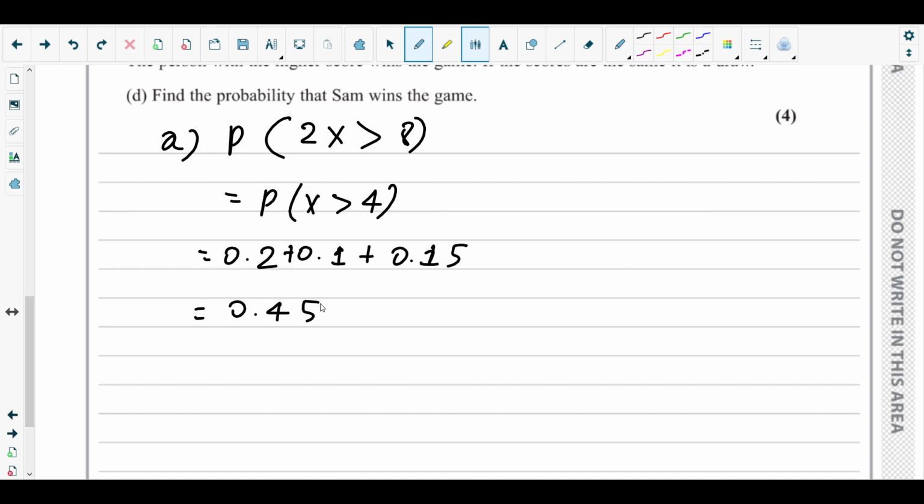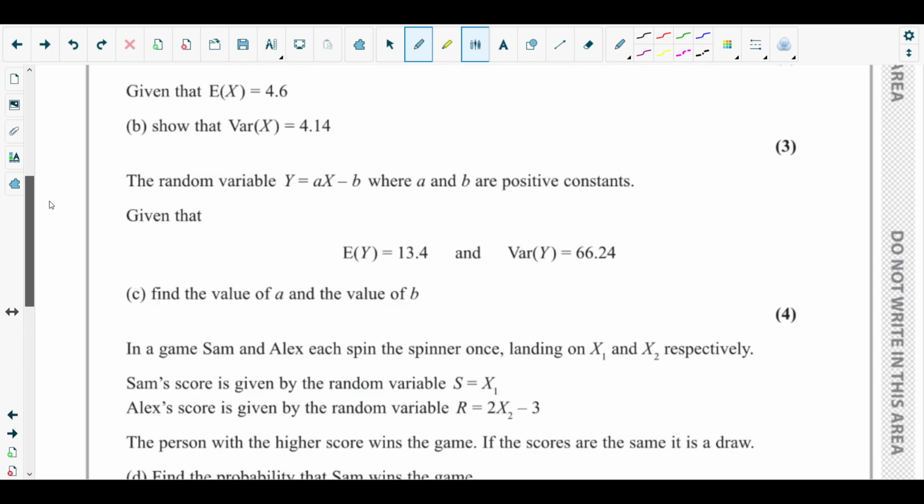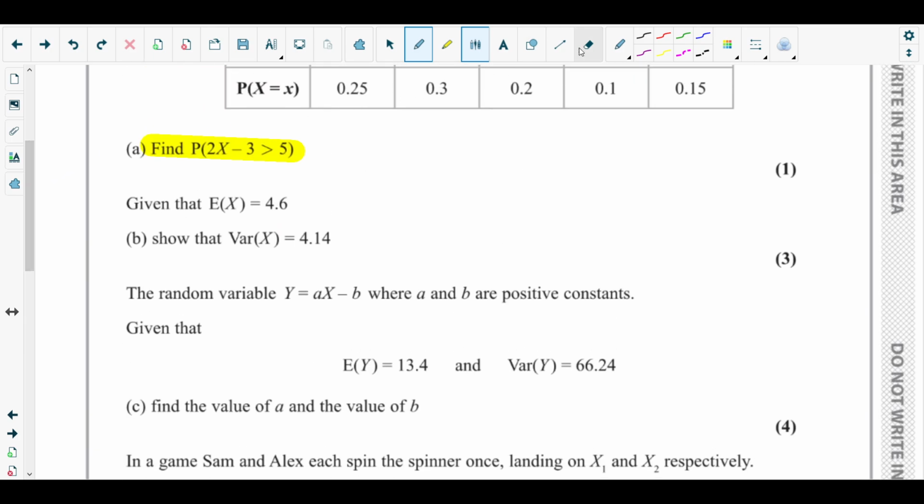Done. Next, what they have asked in part B: given that the expectation of x equals 4.6, we need to show that the variance of x is 4.14. If you have done chapter number 6, you were supposed to know the formula for variance.